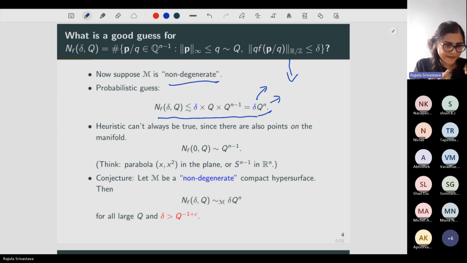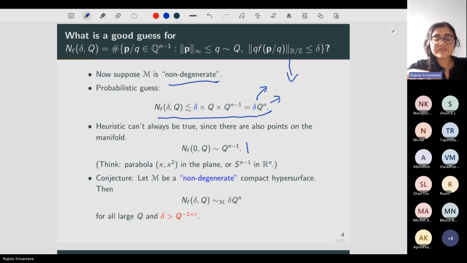And it seems like a good guess for that term, for points on the hypersurface, is q to the power n minus 1. So one dimension less. And this kind of guess comes from actual counting of points. For example, in the plane, you can think of the parabola, which does have this many points on the plane. You can count by actually counting it.